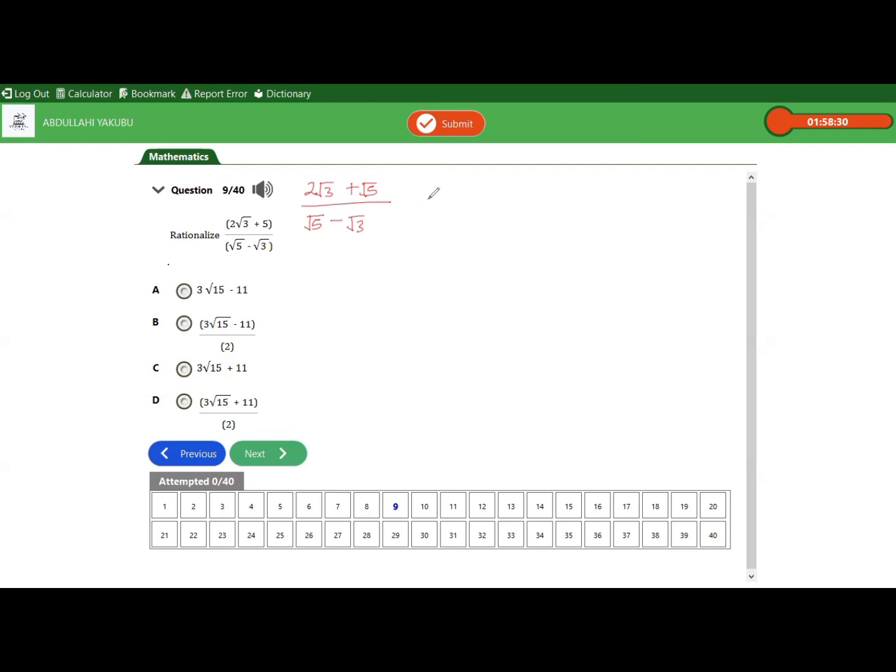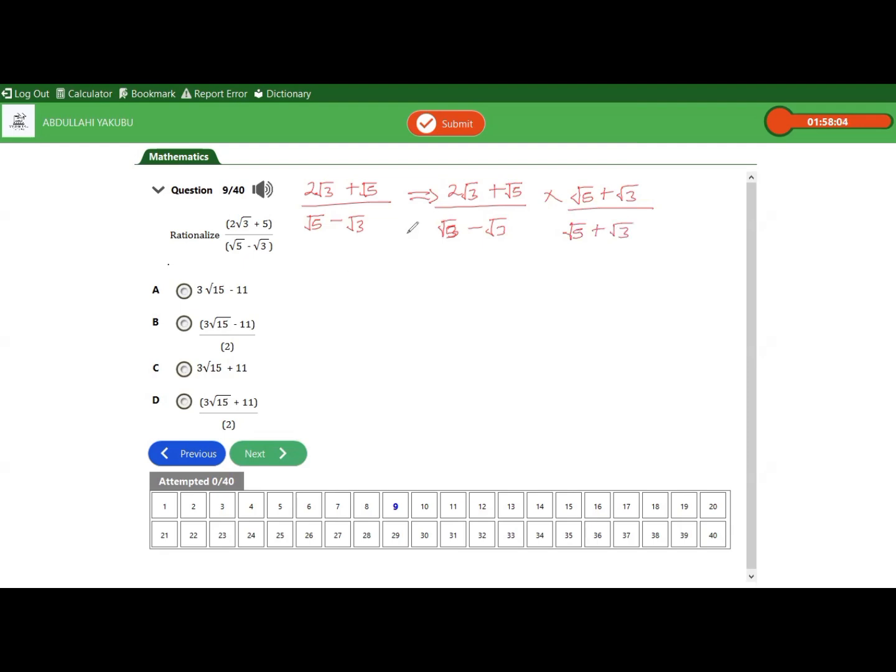So this implies I'm going to have 2 root 3 plus root 5 all over root 5 minus root 3, multiplied by the conjugate, which is root 5 plus root 3 all over root 5 plus root 3.